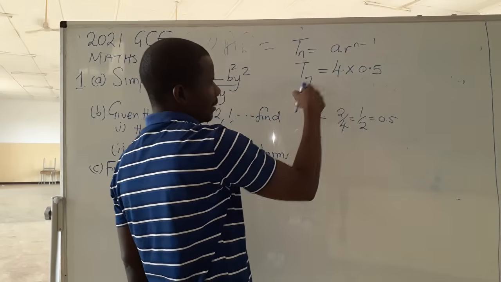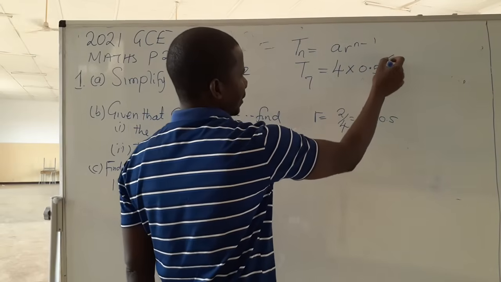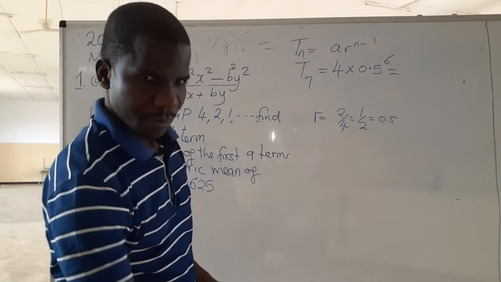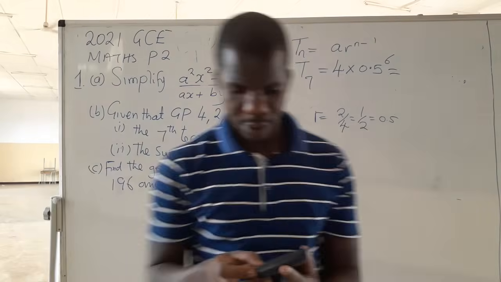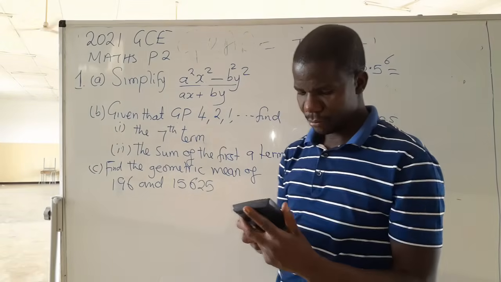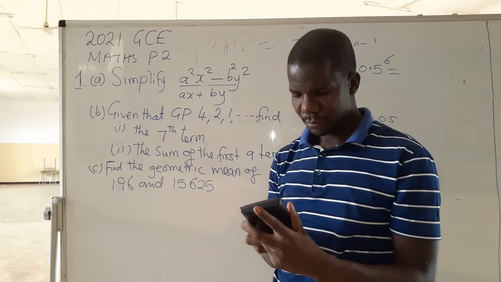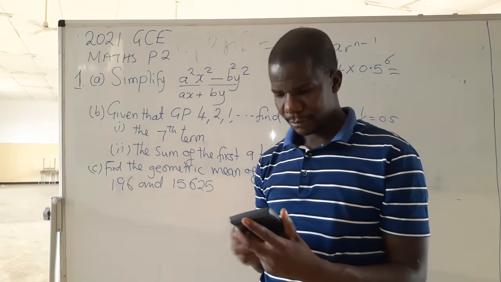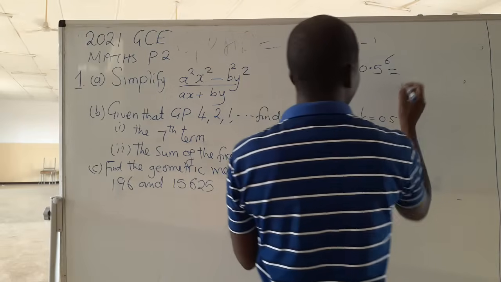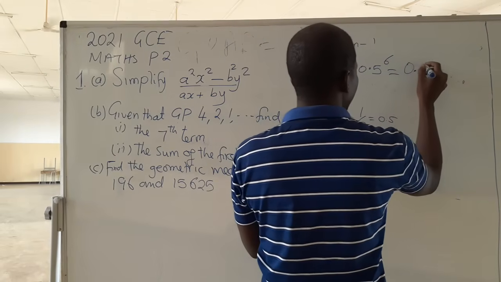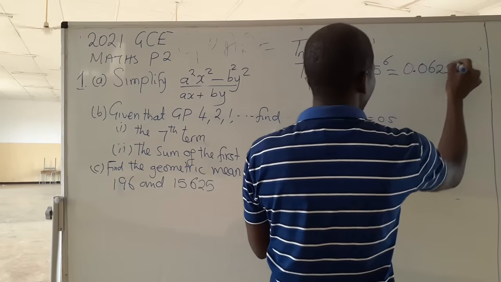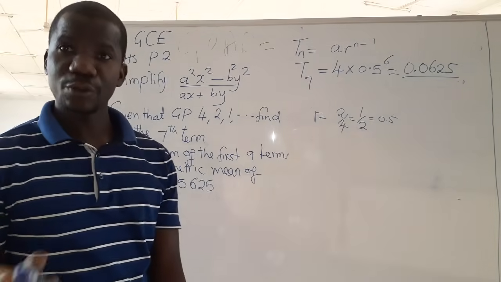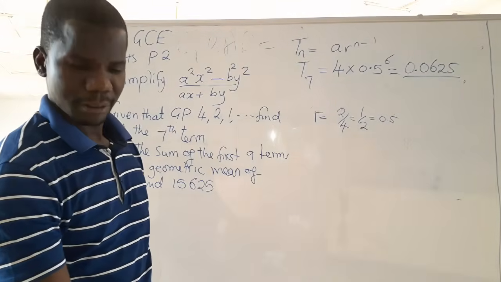N is 7, so 7 minus 1 is 6. So once you've done that, you allow your calculator to do the work now. So 4 multiplied by 0.5 to the power 6. So we're going to get 0.0625. This is what is going to be the seventh term. Are you following? Yes.